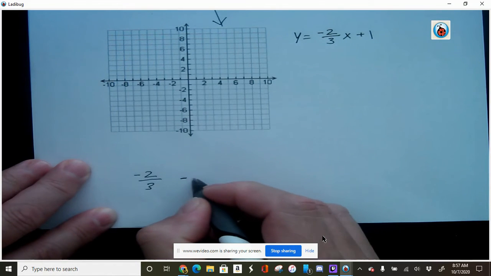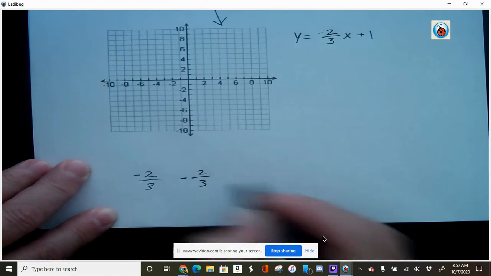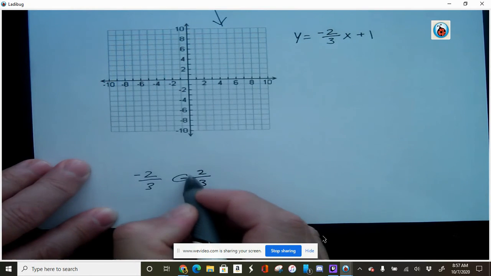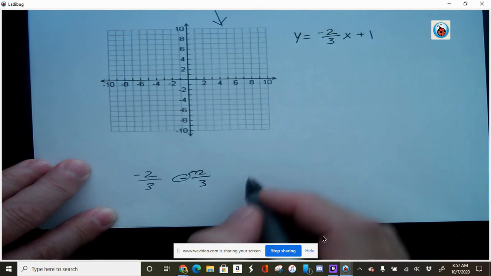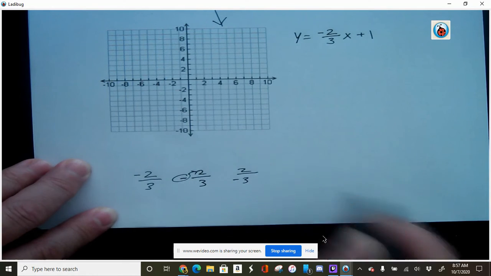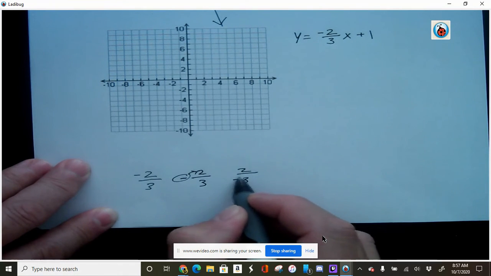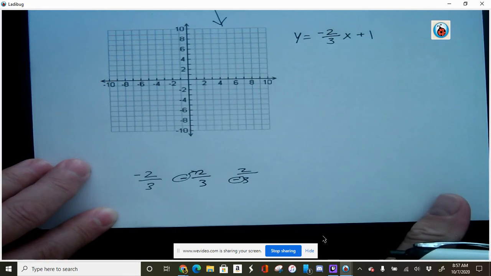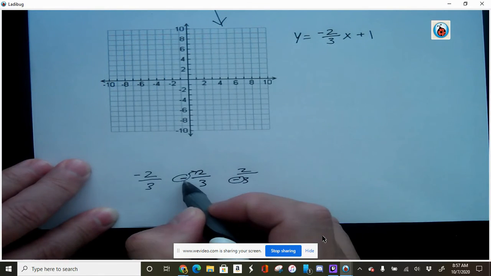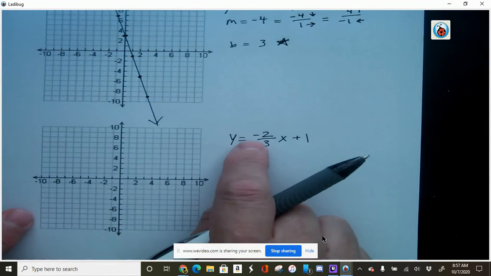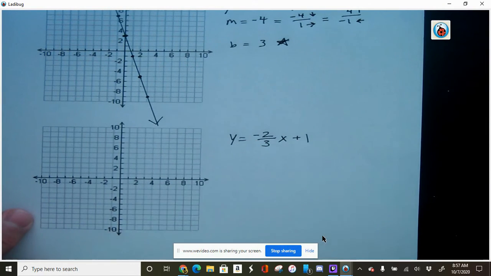It could be written right here in the middle, like that. Sometimes you'll see that. We always move the negative up to the top. Rarely do you see it written like this. Okay, remember I told you a long time ago, negatives are typically not written in the denominator. They're either written in the middle or on top. But when I handwrite it, this is where I put it at the top. Sometimes you'll see it out in the middle.